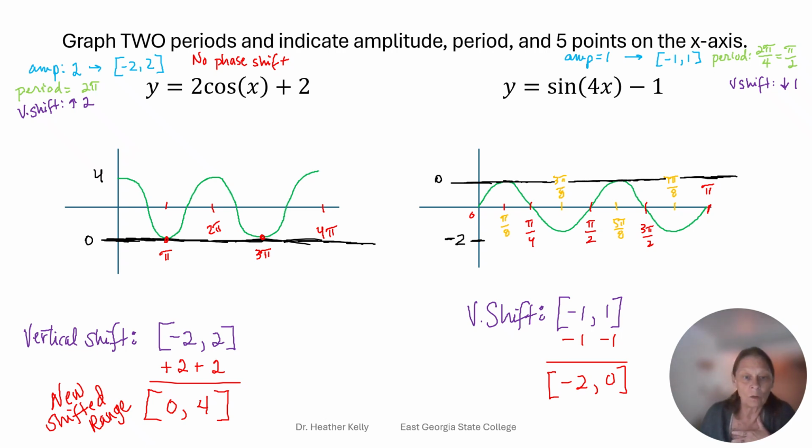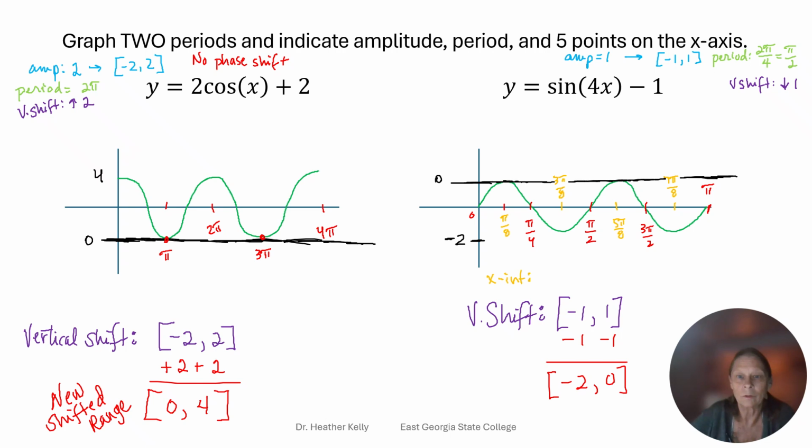Okay, let's write out those x-intercepts also, just because I really want to be consistent with that, because it really helps. Our x-intercepts here are, looks like pi over 4, 2 pi over 4, 3 pi over... Let's see here.